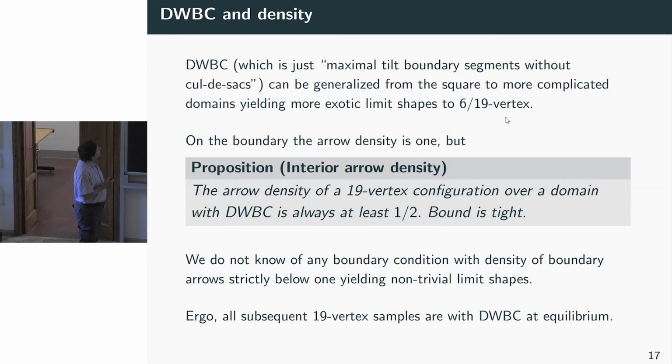So for this model, for the 19-vertex model, we stick to this boundary condition because that already gives you a rather rich spectrum of different kinds of behavior. So all the subsequent samples that you will see in the next slide are with the domain wall boundary condition at equilibrium, and parameters are varied a little bit.